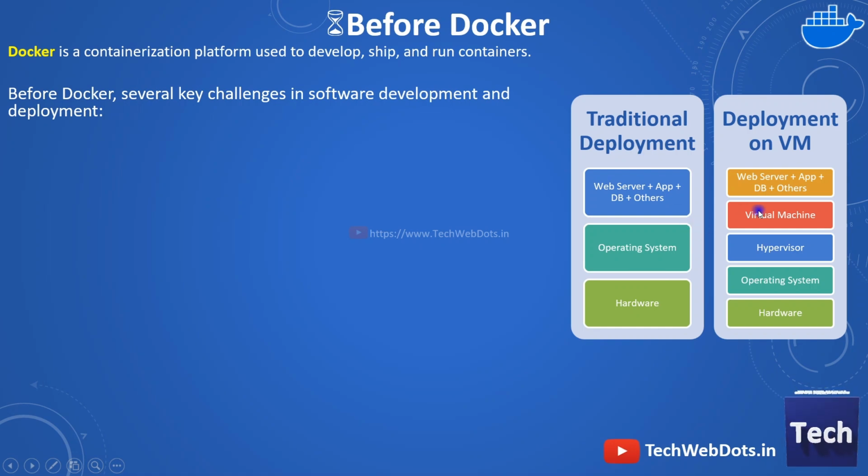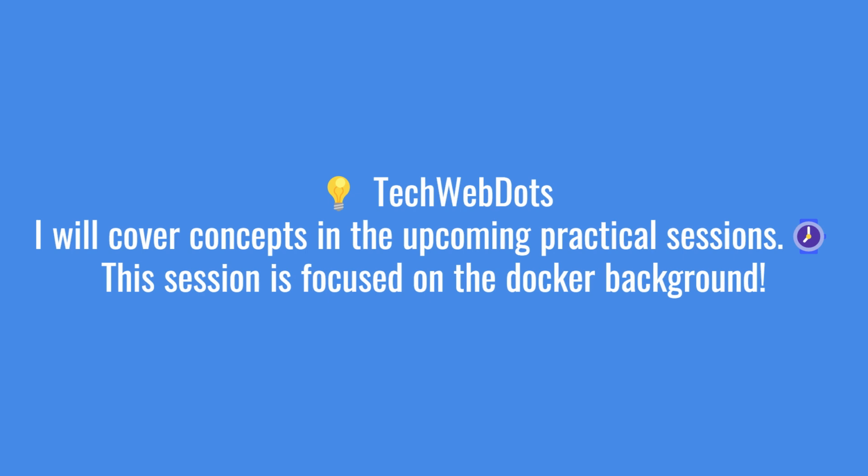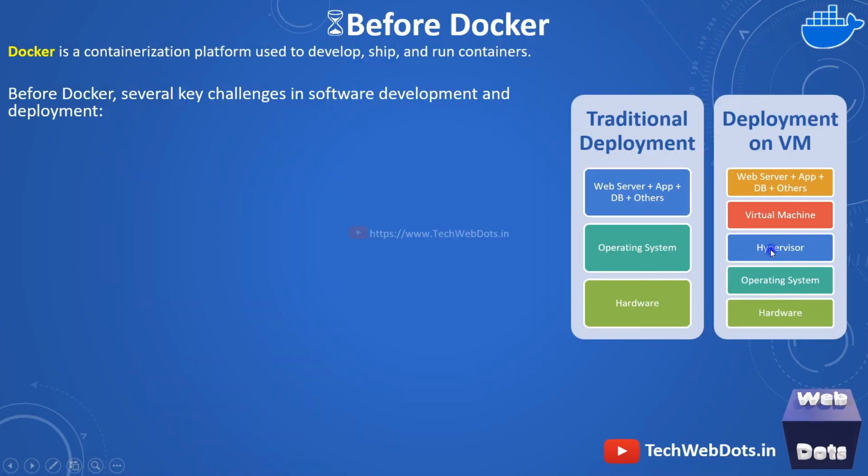Then we had further enhancement to VMs, where we have the hardware, the operating system, and on top of it the hypervisor, which enables the virtualization technique, giving us the facility to run multiple virtual machines on the same hardware. Similarly, we have the web server, application, DB and other required libraries to run the application.